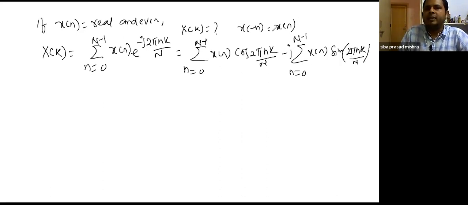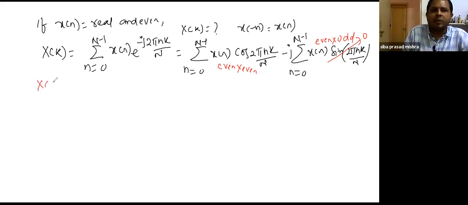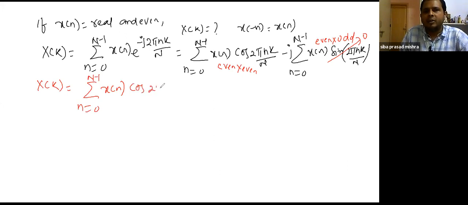Now, like we did in the discrete Fourier series, see it is real and even. Even multiplied by even is even, no problem. But here it is even multiplied by sin, which is an odd function, so this is odd. So what will happen? This term becomes 0. Then what did you get? X of k equals summation of n, same like DFS, 0 to N minus 1, x of n cos of 2 pi nk by N. So from here it is clear, since there is no j term, that this is also real.